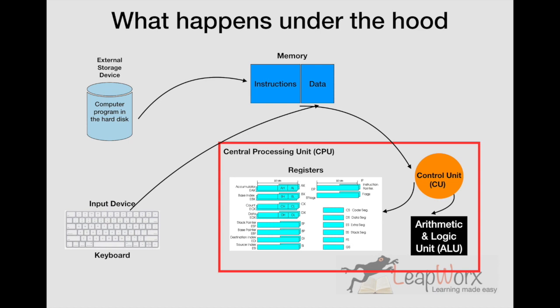which is the arithmetic and logic unit. Okay, the arithmetic and logic unit is where the calculations happen. But the control unit is kind of the coordinator. It pulls instructions from everywhere. It pushes data to different places. It coordinates calculations that are done by the arithmetic and logic unit.